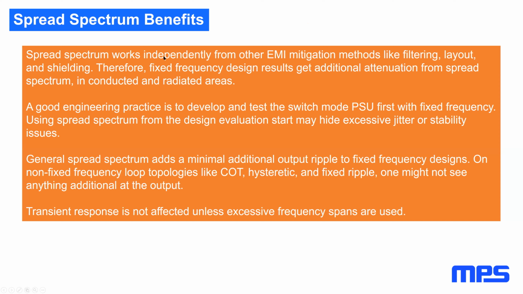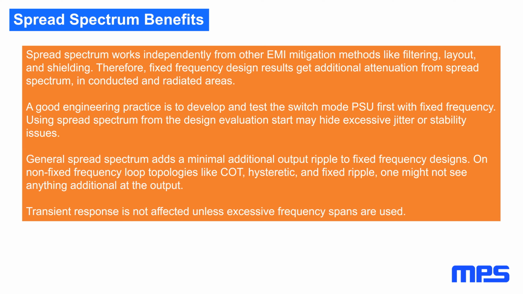In general, spread spectrum works independently from any other EMI mitigation things like layout and so on, so it's always added attenuation over other methods. The problem of spread spectrum is it naturally gives you some frequency and, with that, some duty cycle jitter.